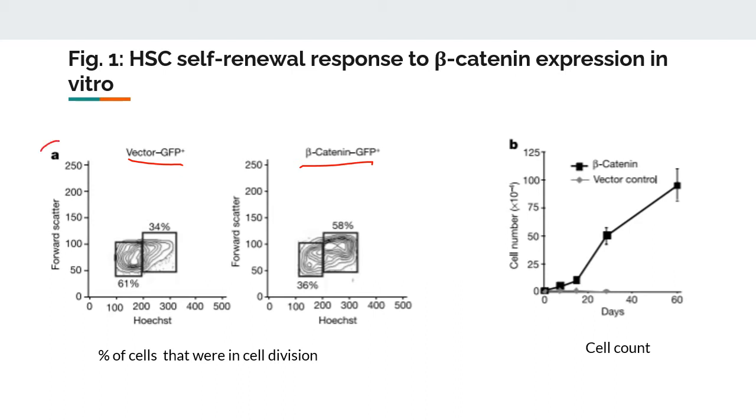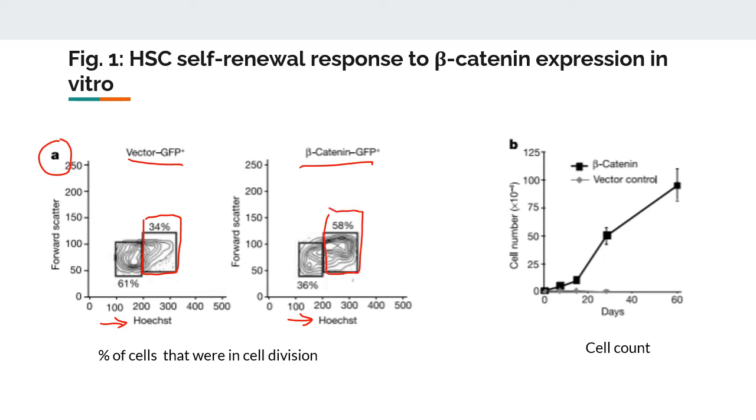So here in figure A, they are measuring the percentages of cells that were in active cell division, where the x-axis here measures the amount of DNA per cell. So actively dividing cells will have twice as much fluorescence, which is shown here in these second boxes.